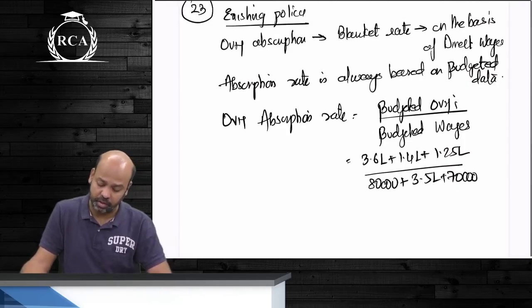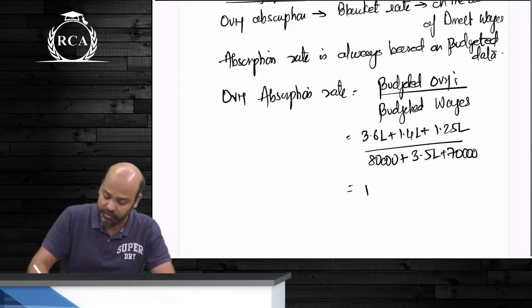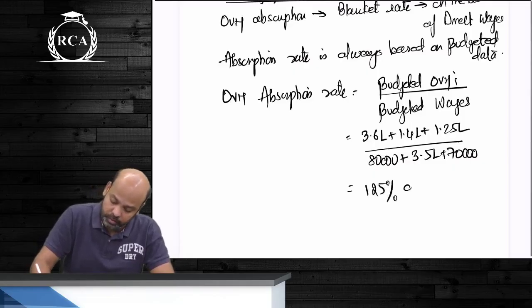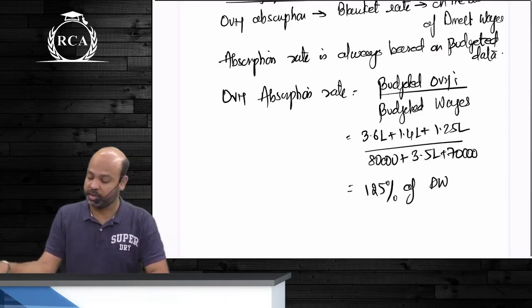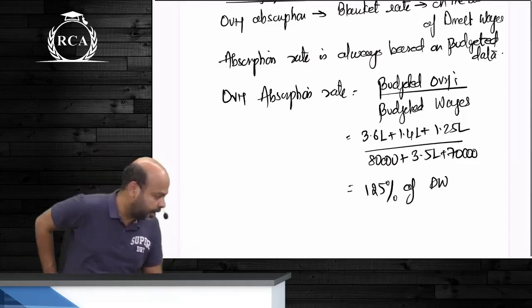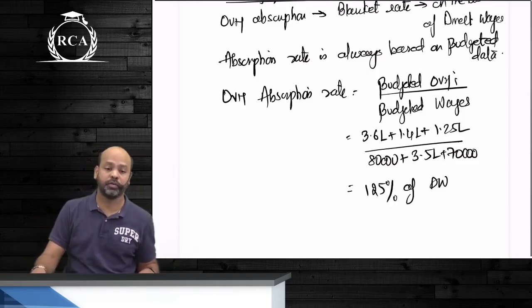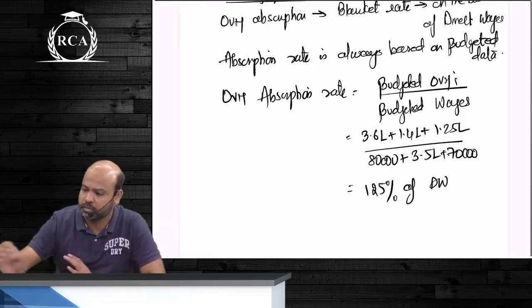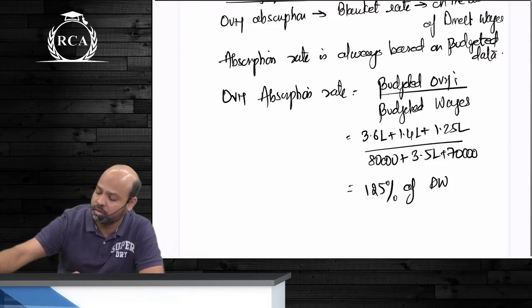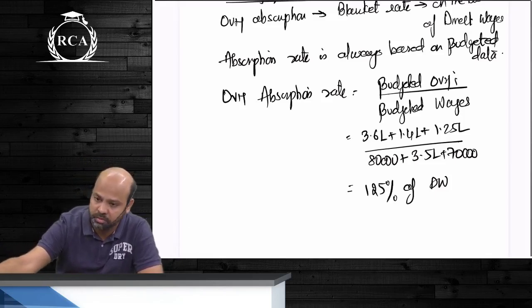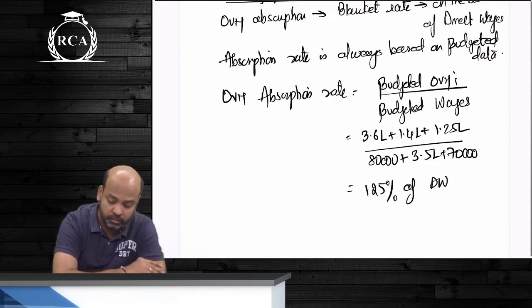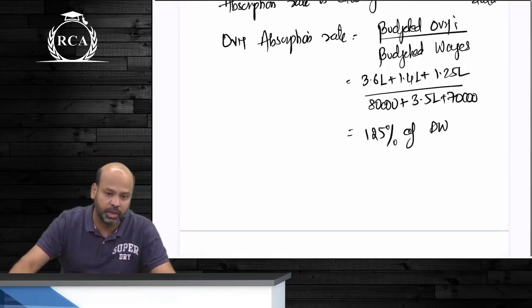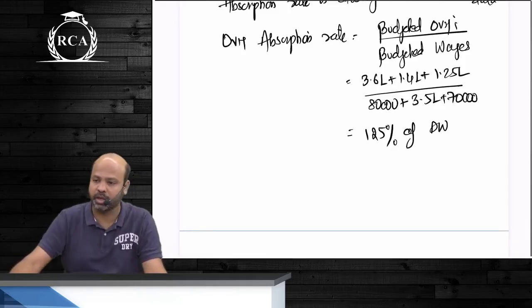I said whenever we compute it in rupees, instead of writing 1.25, I'll write 125% of direct wages. This will be our overhead recovery rate under the existing policy of the company. समझ में आया बच्चों? Based on this, first bit says you should also compute the job number 7083 का, बेटा, selling price.